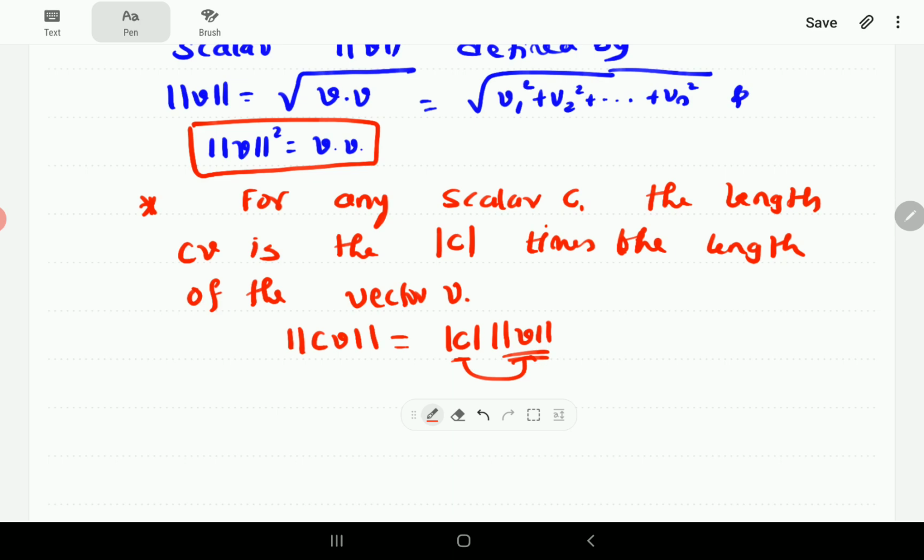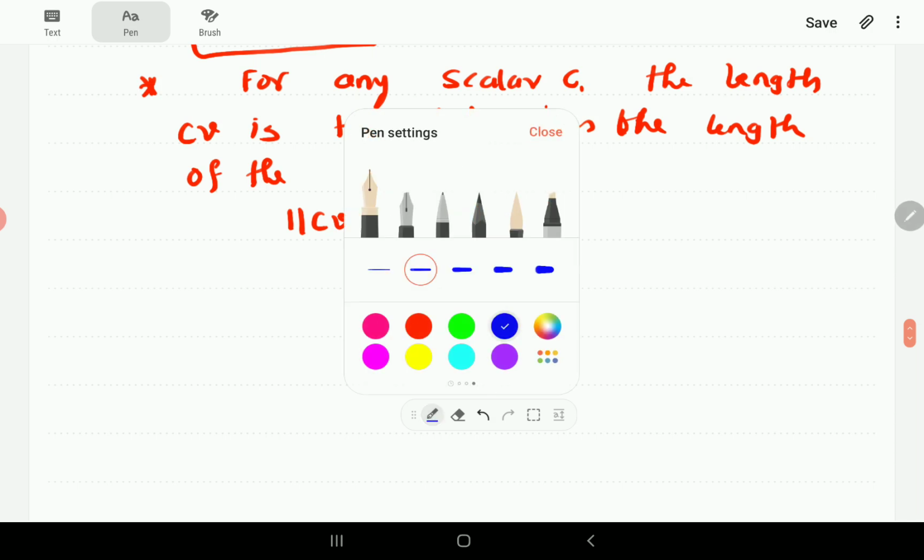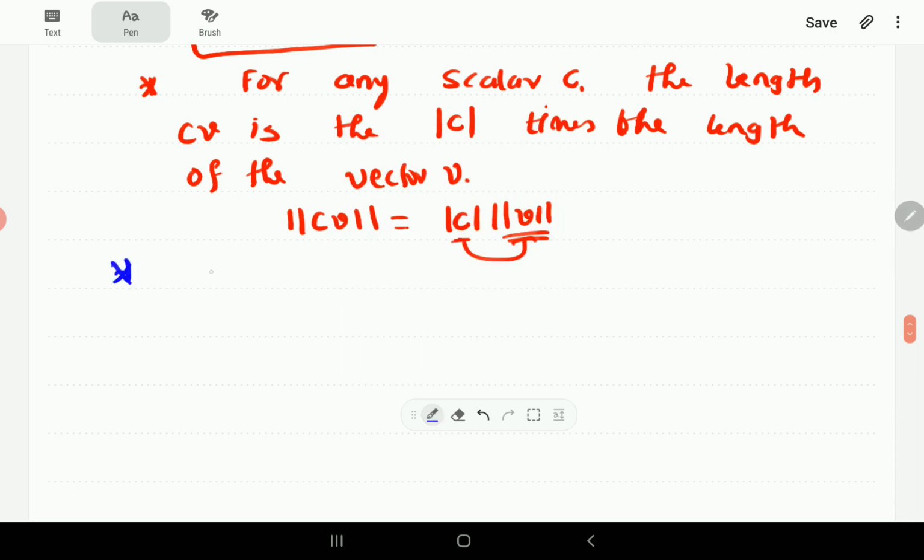Suppose the length of the vector is equal to 1. Then we call that a unit vector.